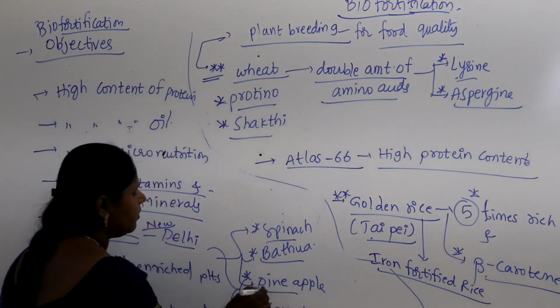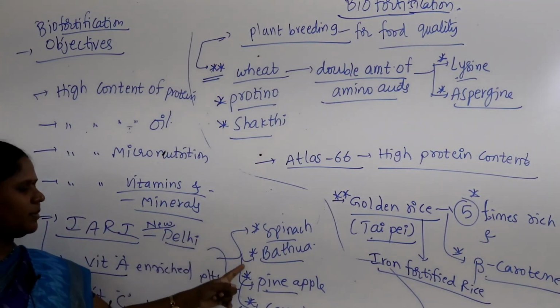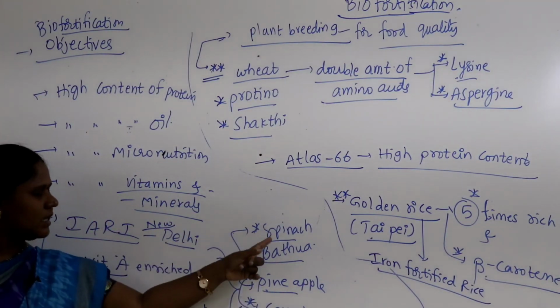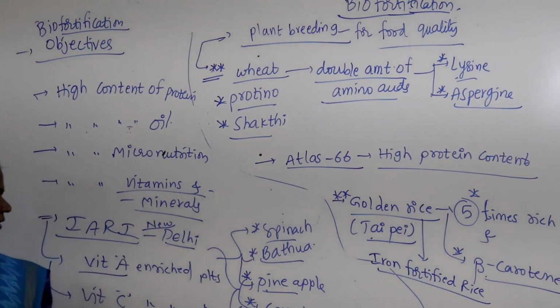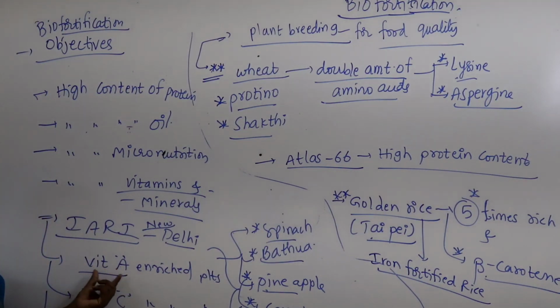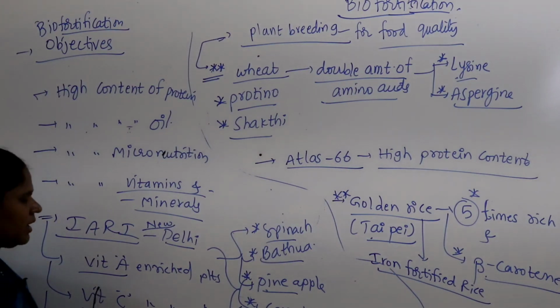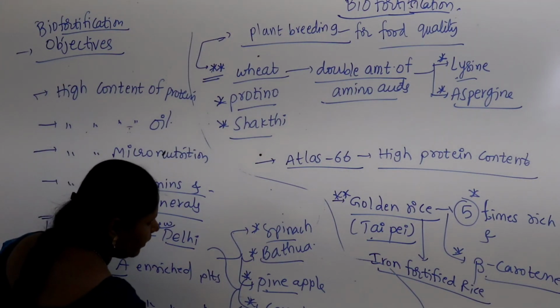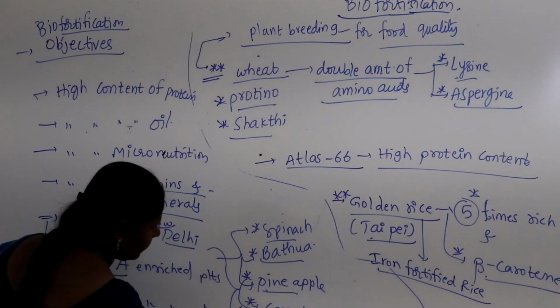So these are nothing but the varieties which are created here, enriched with vitamin A, vitamin C, calcium as well as iron. Of course, you can have some more like tomato and potato.